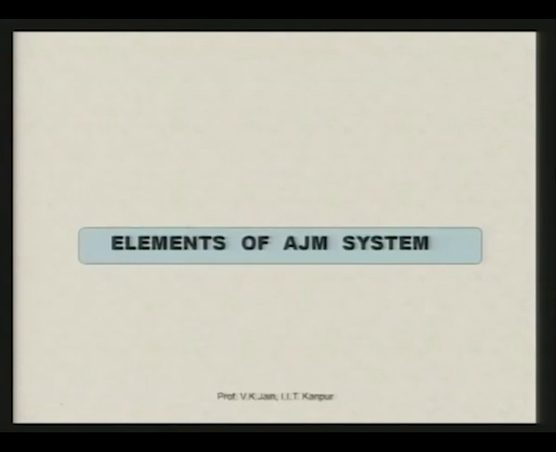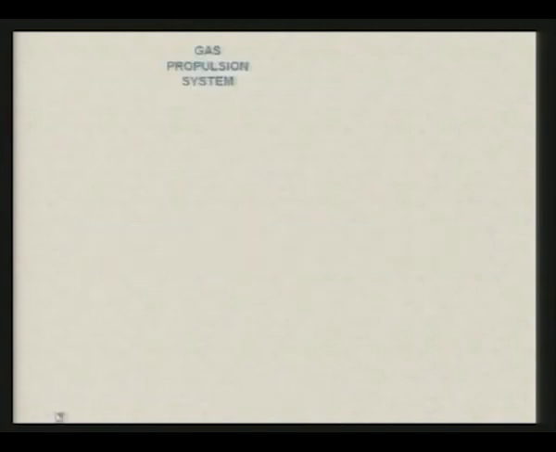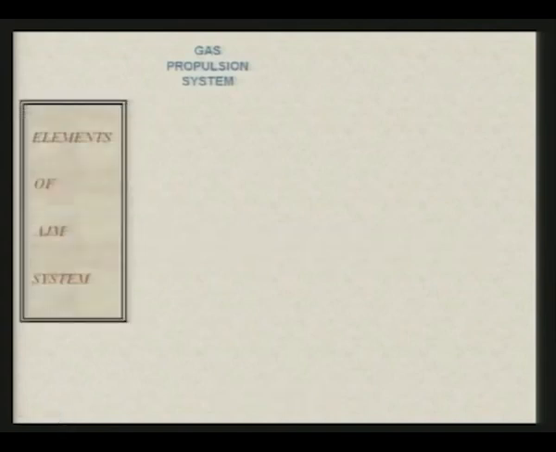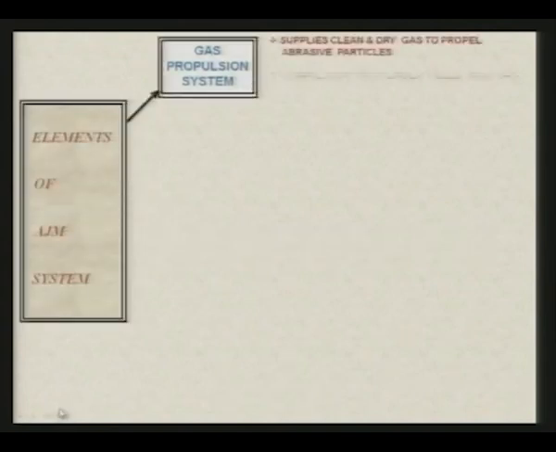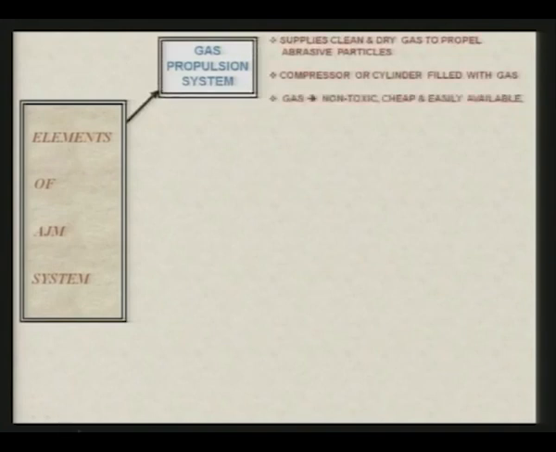Now, what are the various elements of the abrasive jet machining system? First is the gas propulsion system. The gas propulsion system supplies clean and dry gas to propel abrasive particles. This gas may be air or some other gas, which should be inert.